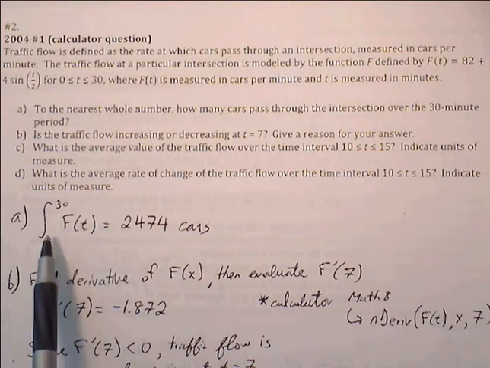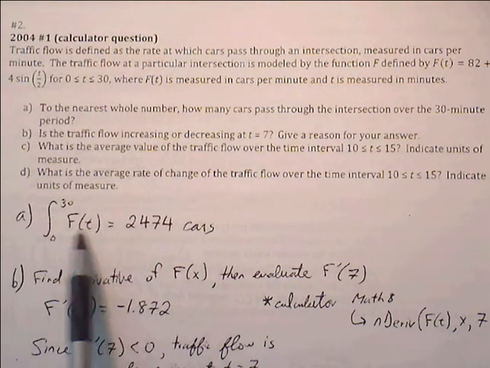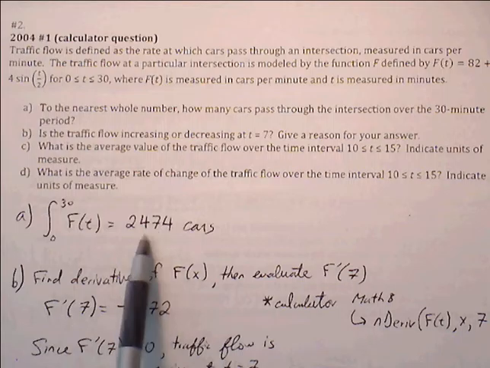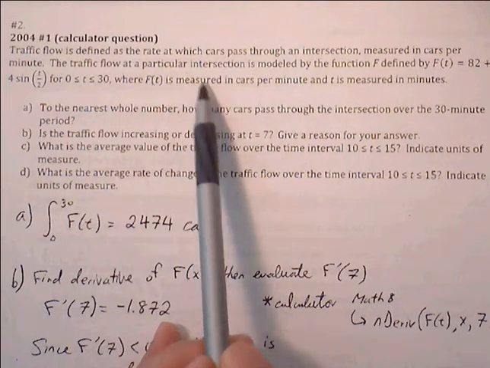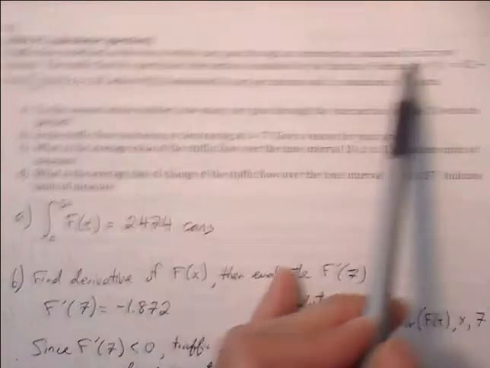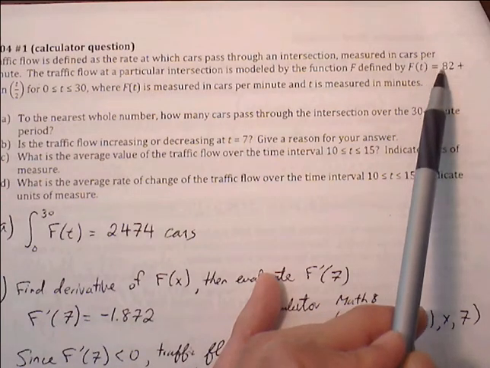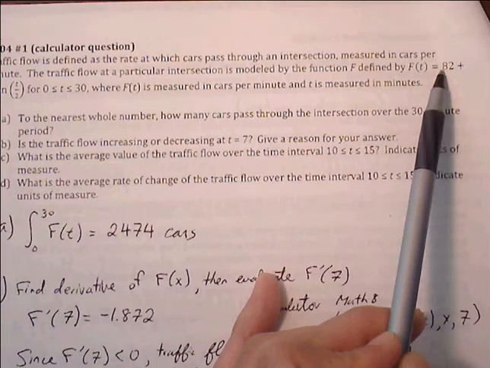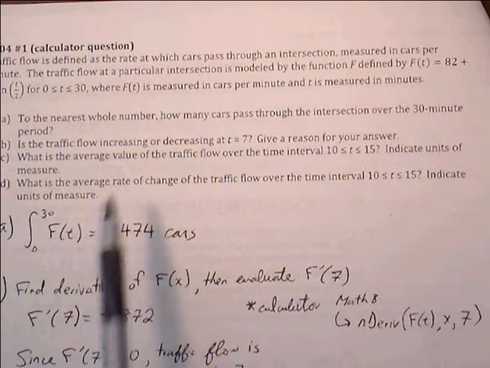So the definite integral from 0 to 30 of this traffic flow will give us the total number of cars. Remember, traffic flow is cars per minute, not the total number of cars. So if we plug 30 directly into f of t, we're not going to get the total number of cars. We're going to get the rate of traffic flow at that moment in time.